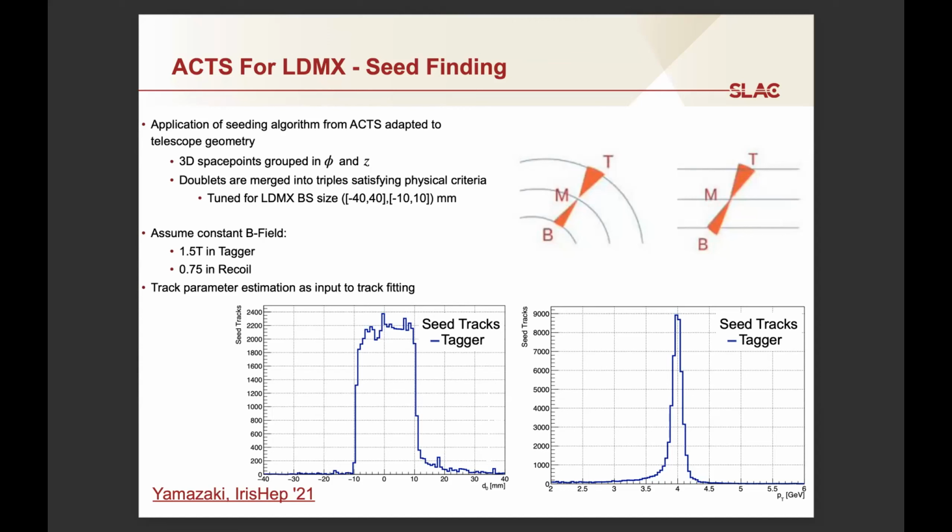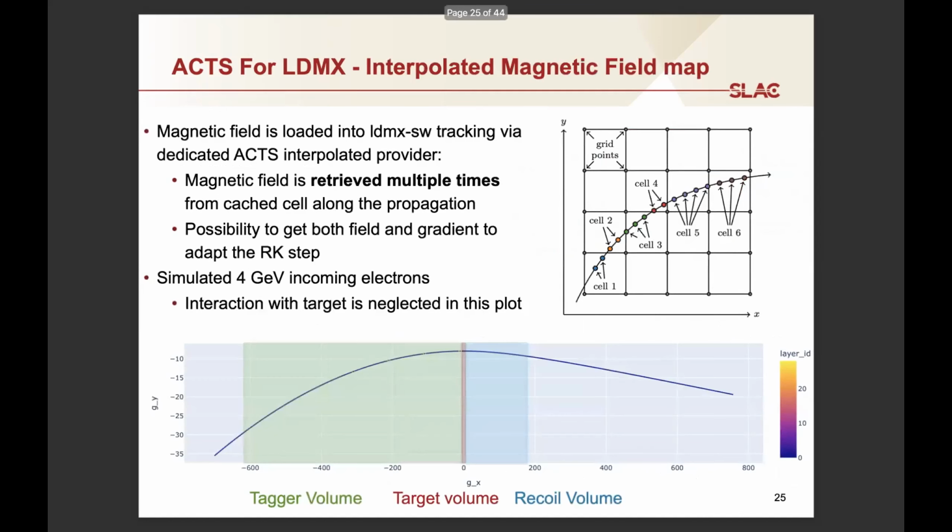So to run the seeder, we use 1.5 Tesla in the target and half of that, 0.75, in the recoil. On the bottom part of the slide, you can see the z0 and momentum reconstructed in the target. You can see that this represents the size of the beam spot and the 4 GeV momentum of the beam electrons.